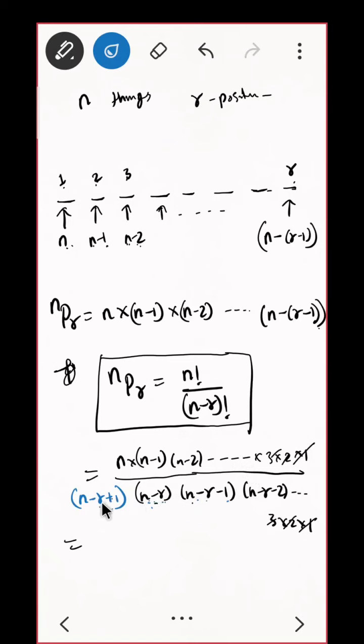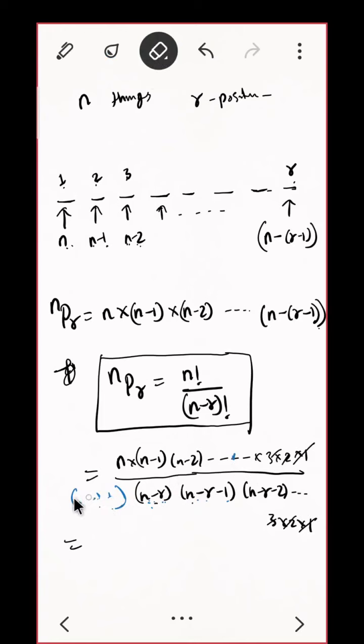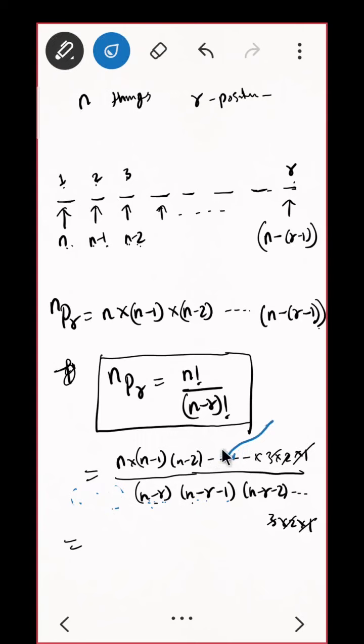It will be n minus r plus 1, and this is the same as this. So whatever I have written, it will be n, n minus 1, and the last term will be n minus r plus 1. Do you see? I wrote the same definition of NPR.